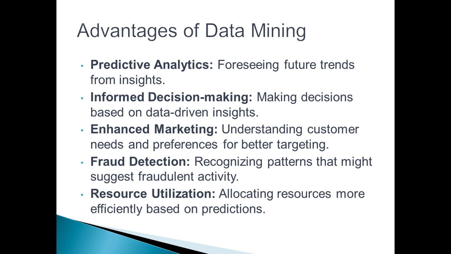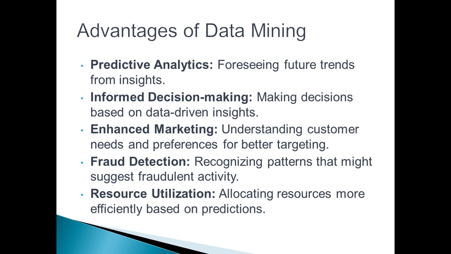Next is fraud detection. Fraud detection means on the basis of patterns you can detect whether some fraudulent activity is there or not. As we have already said, in finance, data mining helps in fraud detection.